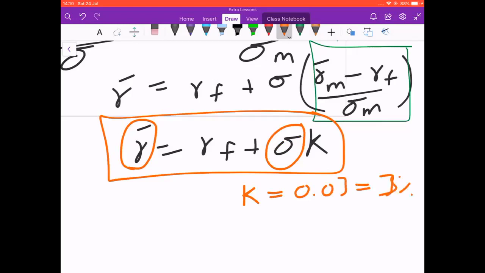So if the market price of risk increases by a unit, then your returns need to increase by 3%. I'm not sure if that makes sense.